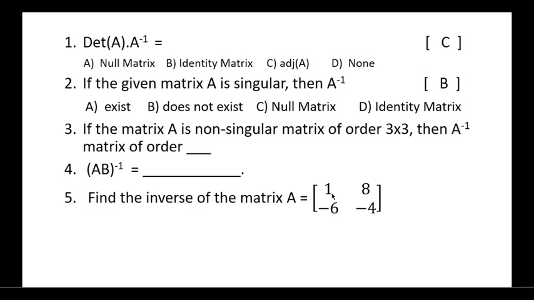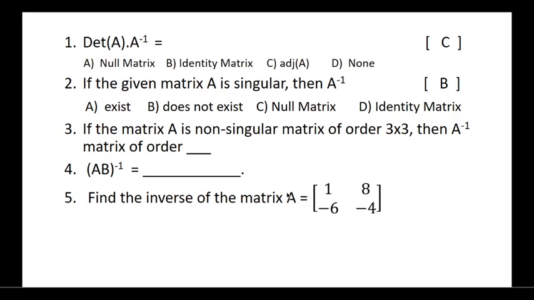The first row is 1, 8 and the second row is minus 6, minus 4. In the first row, the first element is 1, the second element is 8. In the second row, the first element is minus 6 and the second element is minus 4.